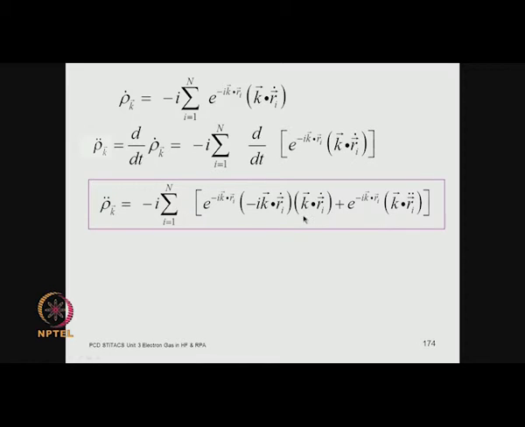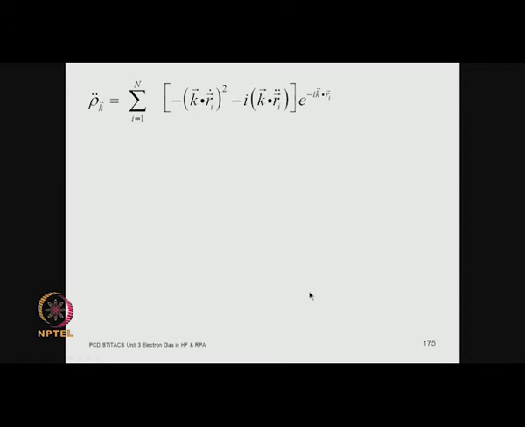So these are the two terms which appear in this equation of motion for the kth Fourier component in the charge density. Now you can write e to the minus i k dot r_i common in both, and you have got these two terms. Okay, so that's what you have got.